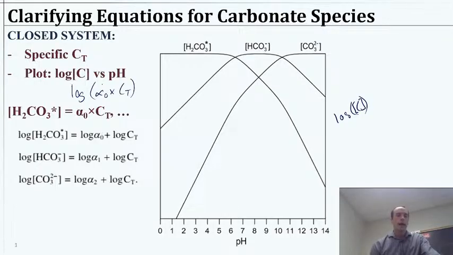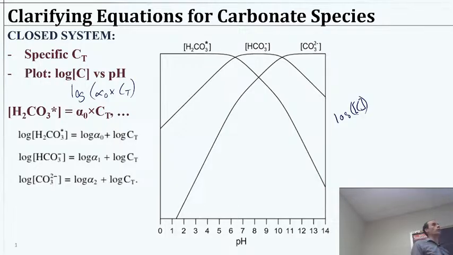So the log of alpha times C is the same as log of alpha plus log of C, right? It's just a little algebra thing. So you can put it that way. You can also calculate it and then later take the log. That's probably what I'm going to do in MATLAB just to keep my head on straight.